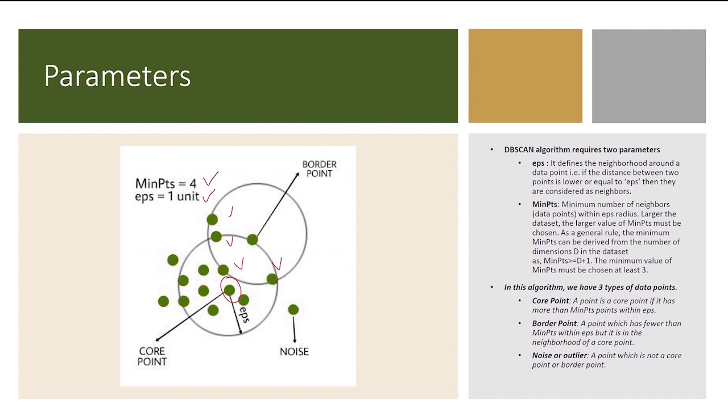It's 4. These are also included in this cluster. So as you can see, if we draw one more circle over here for this point, there isn't any point that we can include, so the clustering stops over here. The same thing for here.